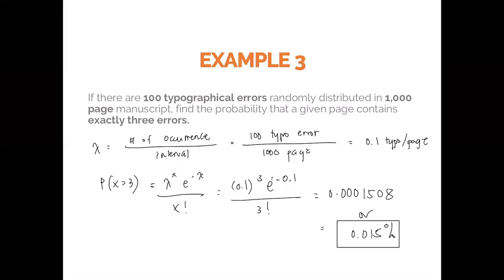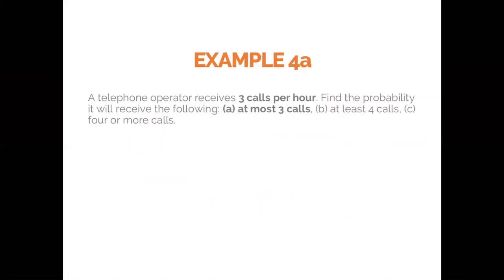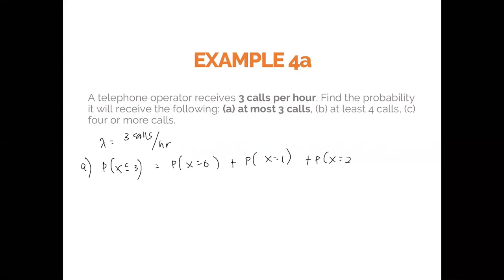Okay, next, number 4, a telephone operator receives 3 calls per hour. So 3 calls per hour. Okay, find the probability that it will receive at most 3 calls. At most. So x less than or equal to 3 ulit tayo. Okay? So, we have P of x equals 0 plus P of x equals 1 plus P of x equals 2 and P of x equals 3.